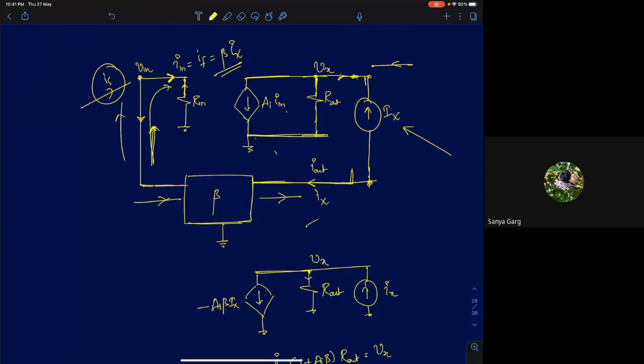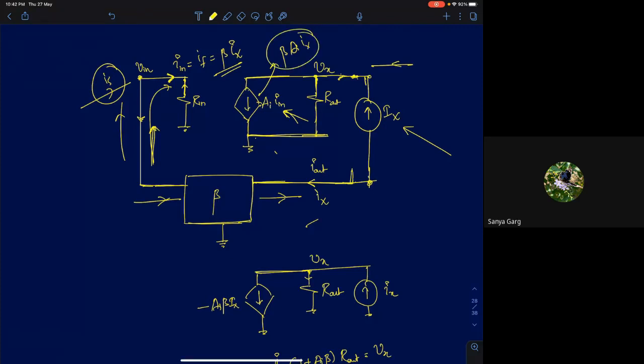So let's substitute it here. You are going to get a current of value, the current that's being drawn here into the amplifier is given by beta times Ai times Ix. Okay, so the current being drawn here is this.